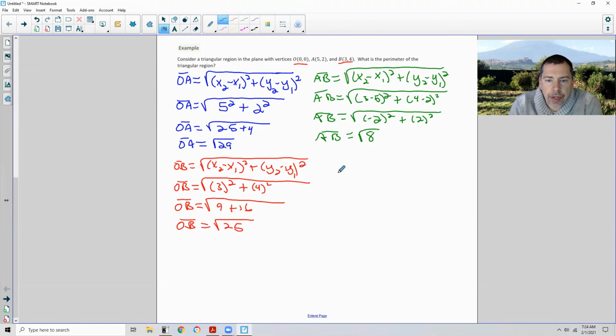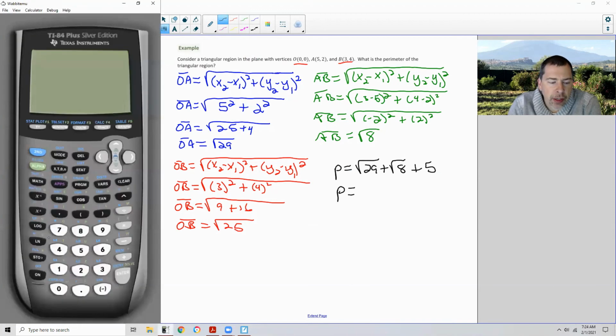All righty, so now the perimeter equals the sum of all the sides. So it'll be the square root of 29 plus the square root of 8 plus the square root of 25, which is 5. So our perimeter is going to equal square root 29 plus square root 8 plus 5.